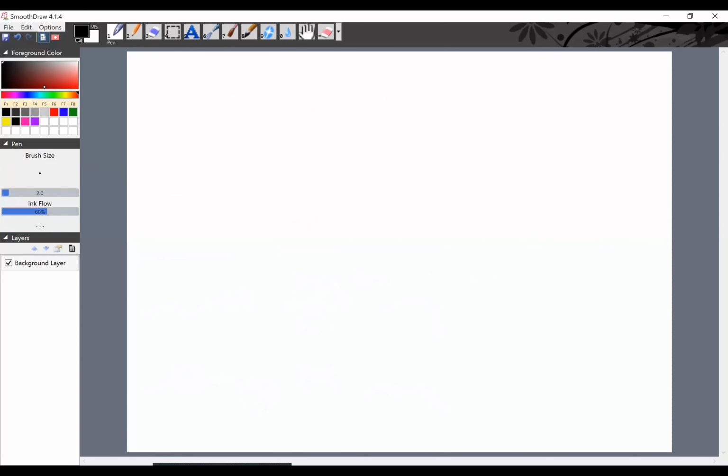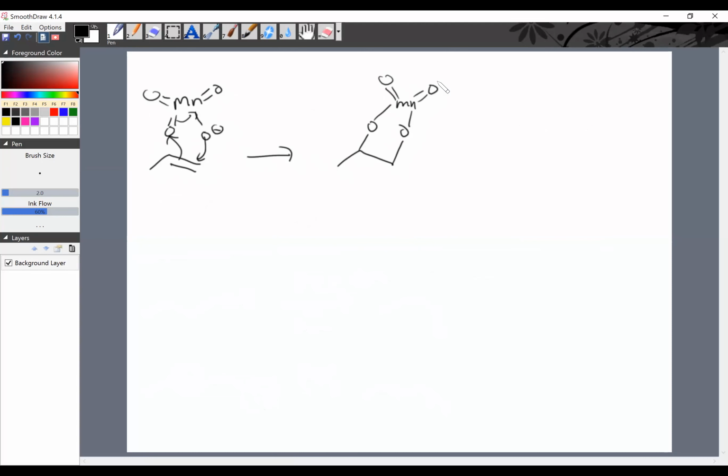And a generic mechanism looks like this. We'll just do a generic alkene right there. So Mn, if you will, it's just this nice concerted reaction. And then that's attached. Okay, this is not an exact mechanism, just a visual.